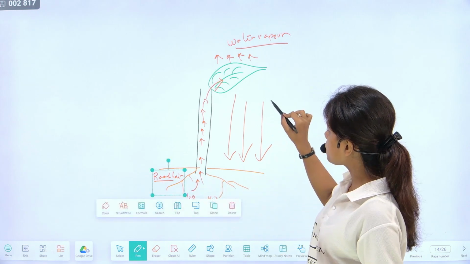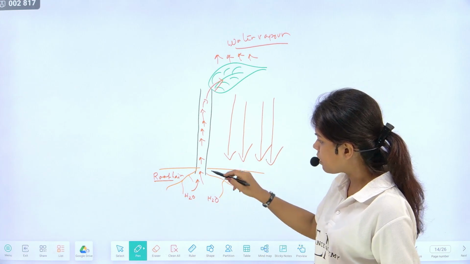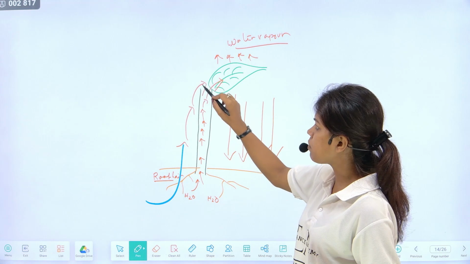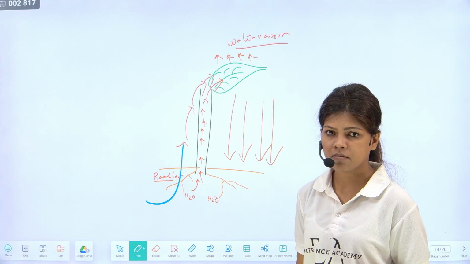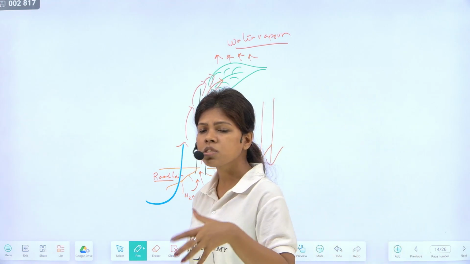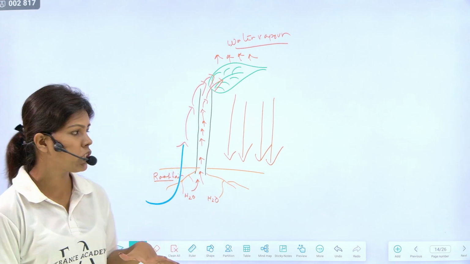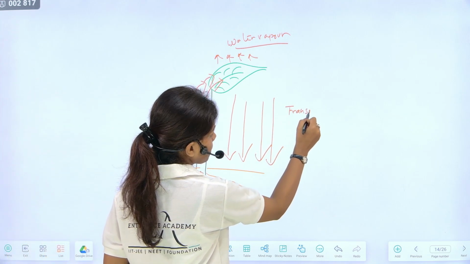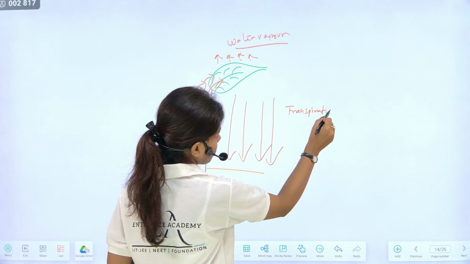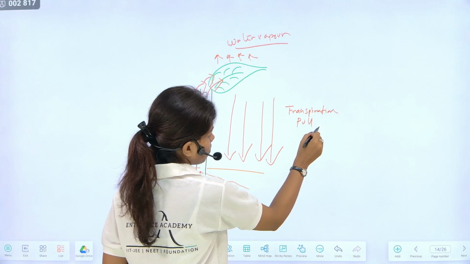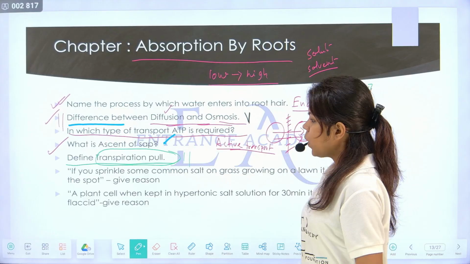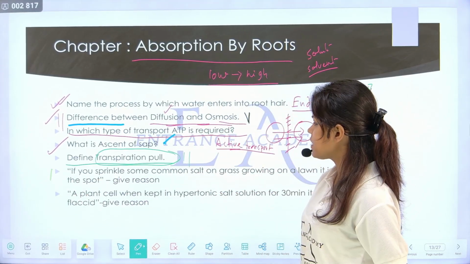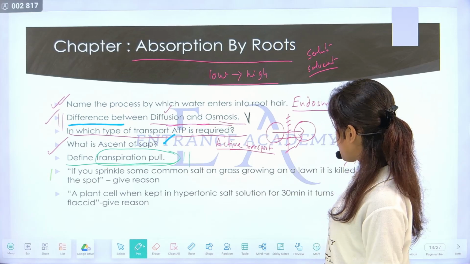So the transpiration will create a pull and more water molecules will go upward by means of xylem to fill up this space. And this pull or force generated by transpiration is known as transpiration pull.